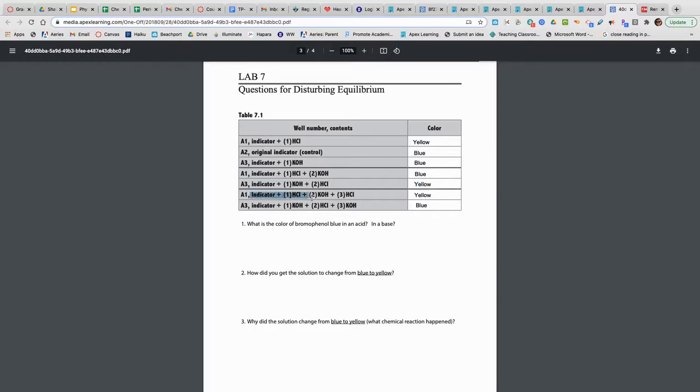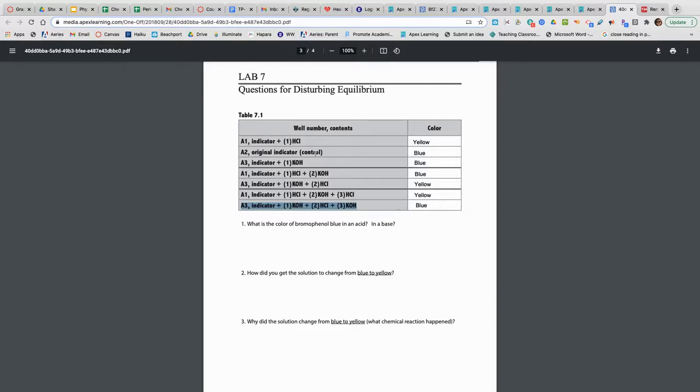Then you take this reaction and add more hydrochloric acid. Yellow. And then for A3, you add KOH again, and it turns blue.